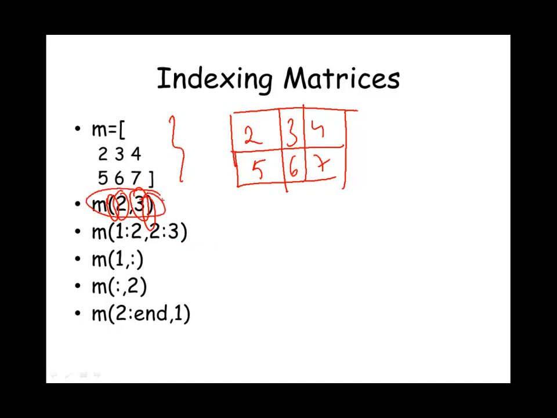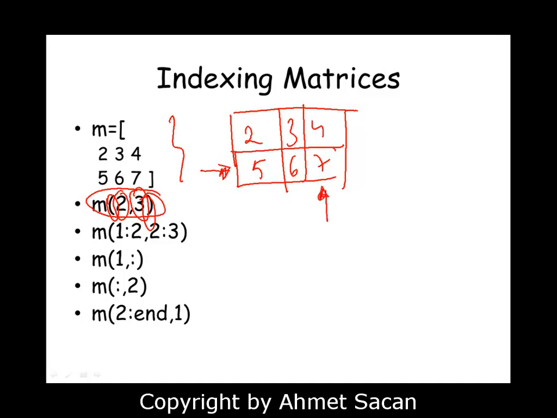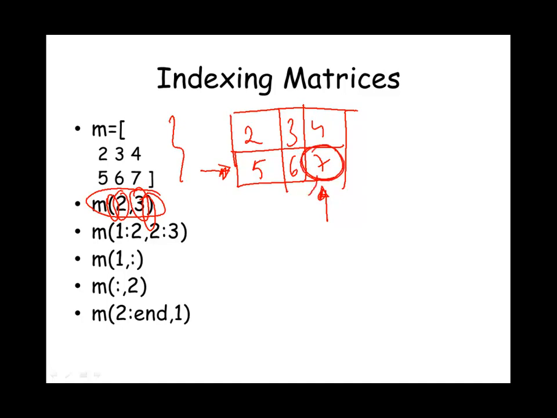M(2, 3) is extracting the elements in the second row and the third column. So that will be this box right here, and that will contain number 7. So M(2, 3) will be replaced with number 7.